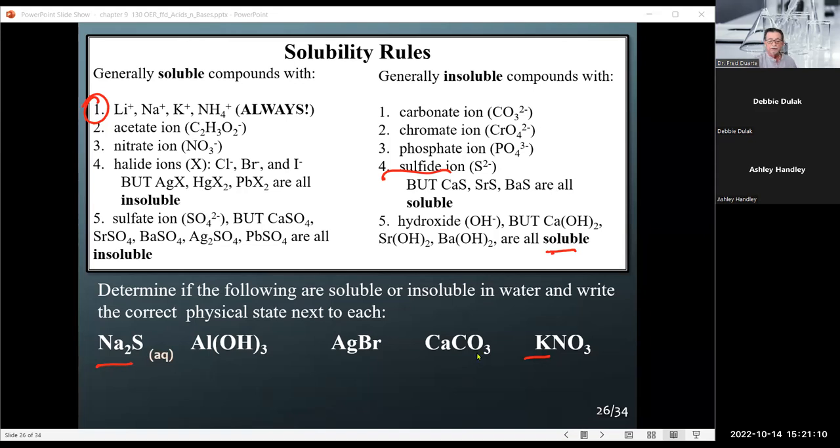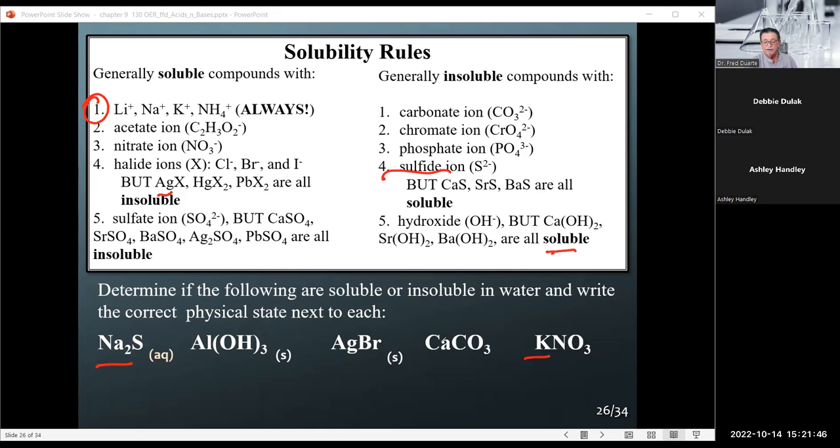So we designate aluminum hydroxide as S. Same is true for silver bromide. Normally the bromides are all soluble unless they're attached to the heavy metals. I call them the heavy metals because they're big metals, like silver. So silver bromide would be insoluble. And then good old carbonate, number 1, which is normally insoluble unless it's the big 4.